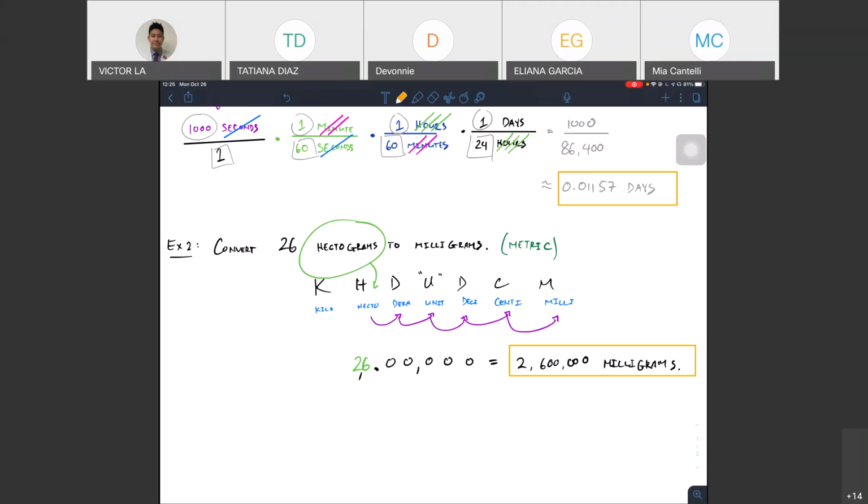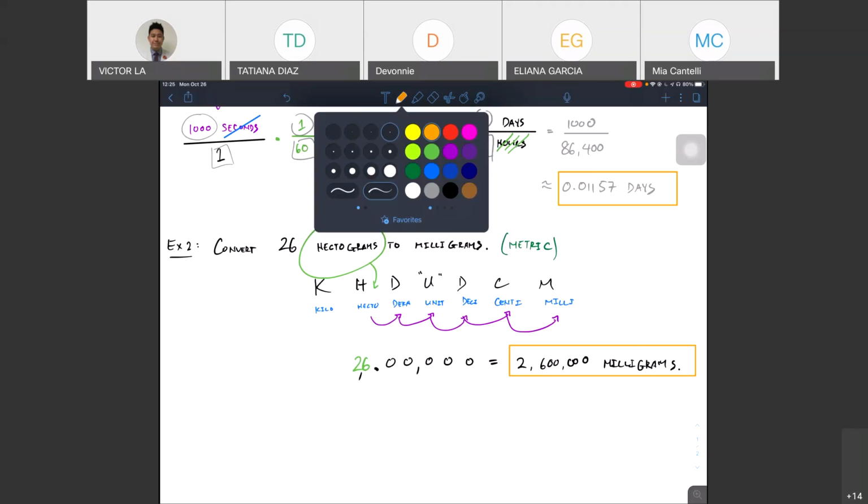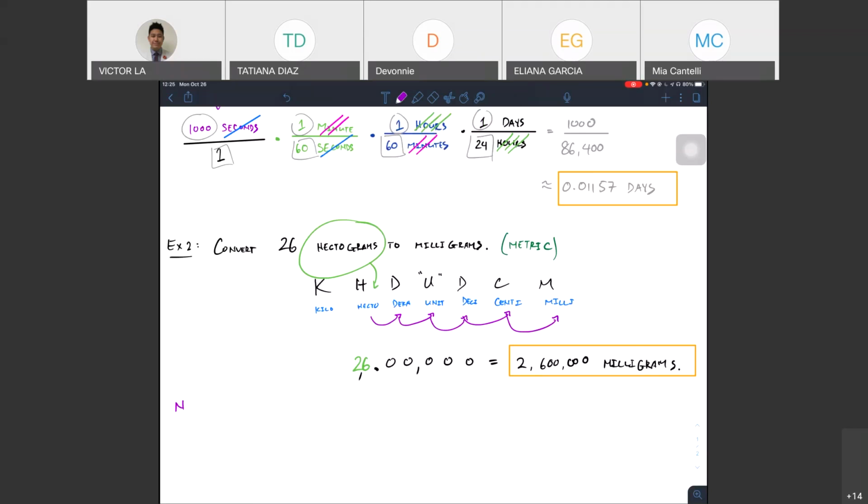that when you're looking at these problems, if you move from left to right with the prefixes, they decrease, but the number increases. So again, I'll write that really quick here. Note, prefixes decrease with right.